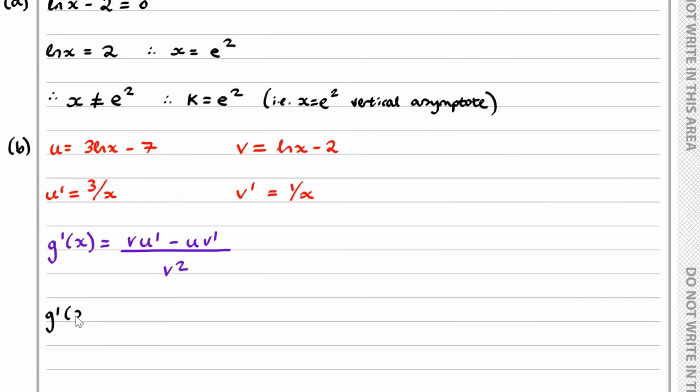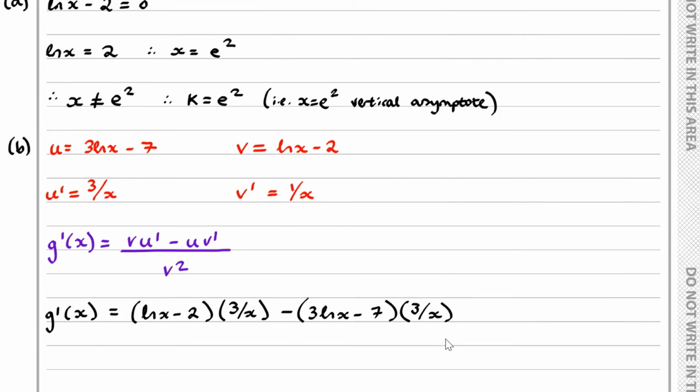So g dash of x, that's going to equal v, which is the natural log of x minus 2, times u dash, which is 3 over x, minus u, which is 3 times the natural log of x minus 7, times v dash, which is 1 over x.